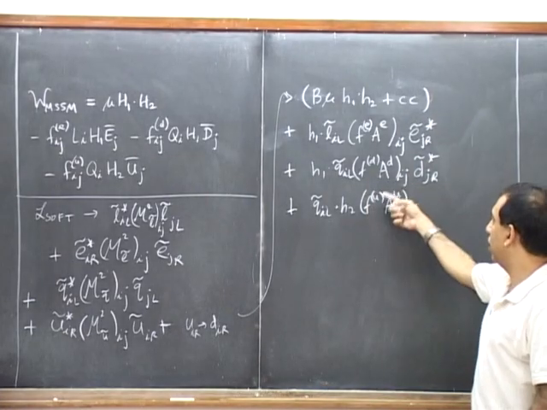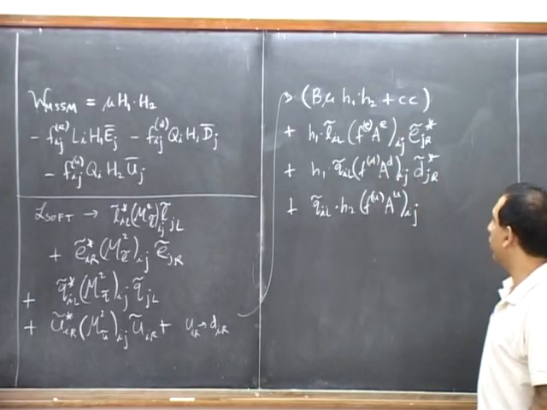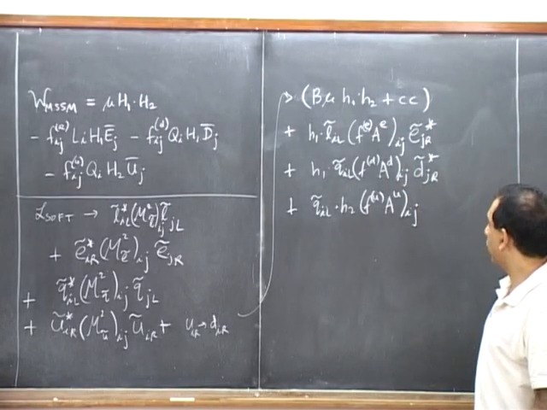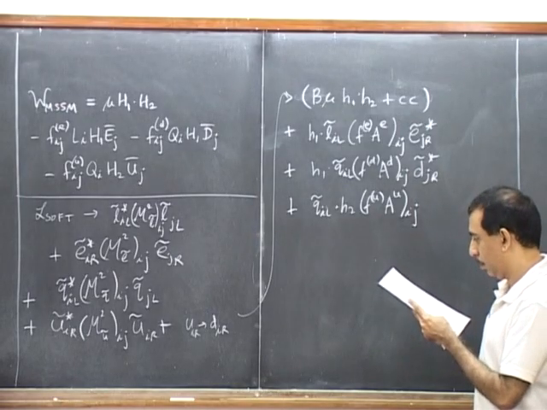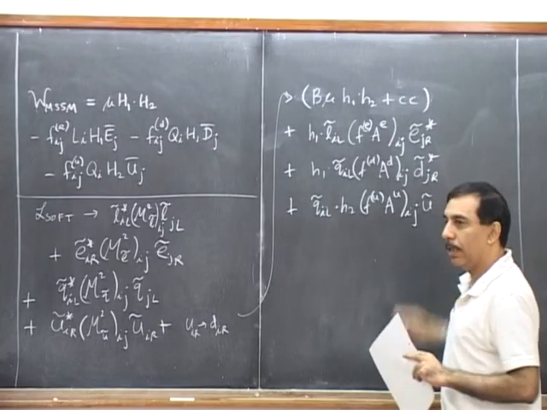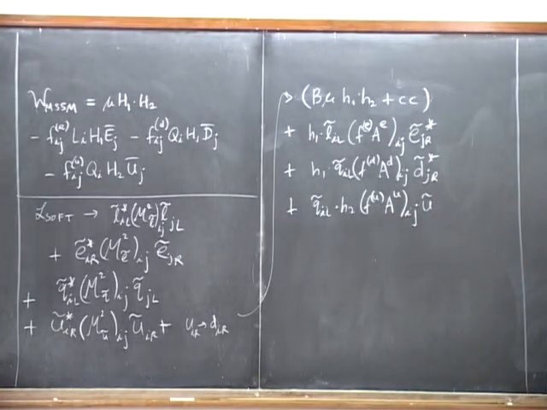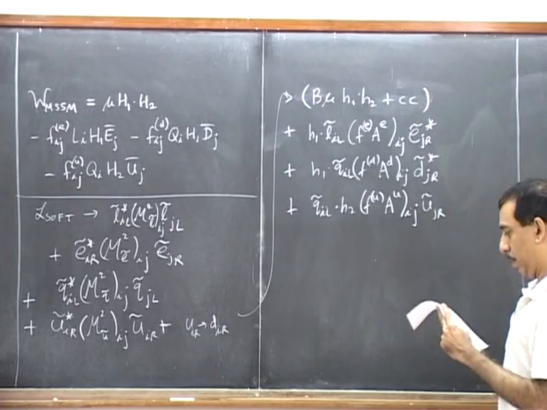Whatever we do for up and down quarks, we also do for leptons, but we don't do it for neutrinos. I'm now not sure why we don't do this for neutrinos. Somehow we don't. So we just never write that in neutrinos. We don't have right-handed neutrinos.